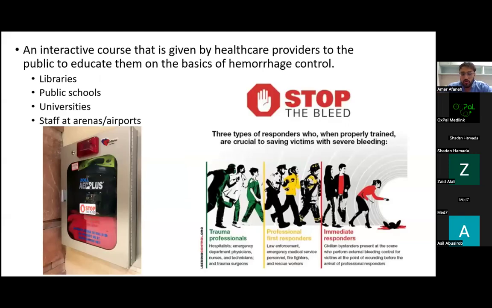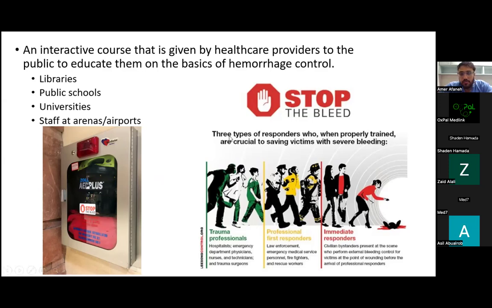We go to schools, libraries, universities, places where there's a large gathering of people, and you can put on these courses through the American College of Surgeons, and you teach them the basic concepts of hemorrhage control.